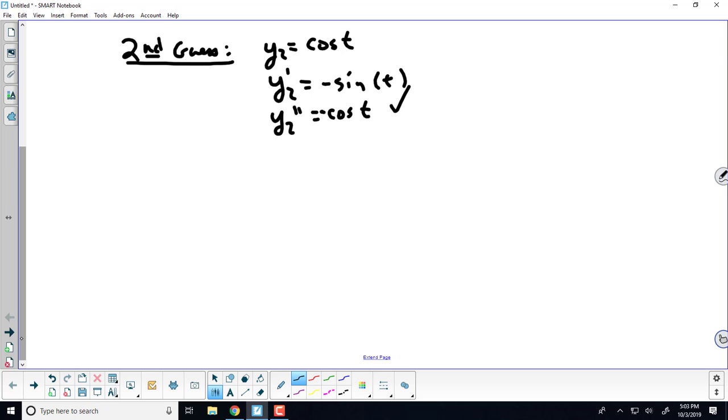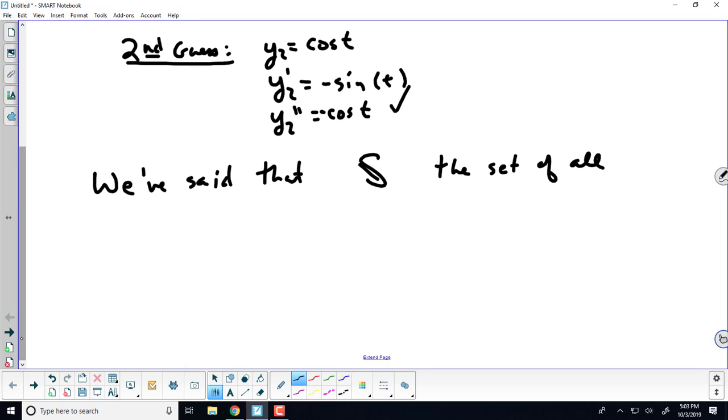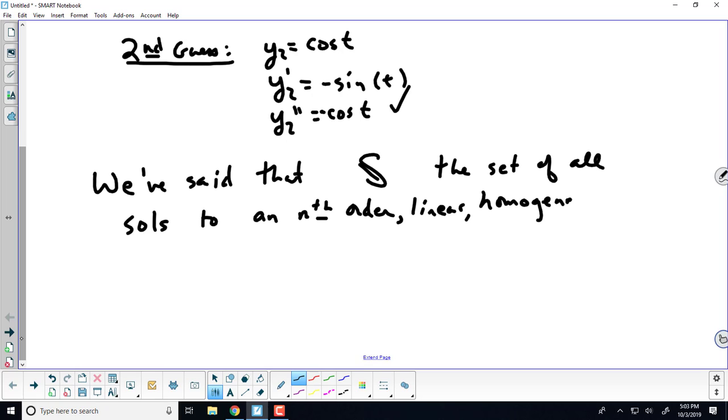So we've said that S, and I'm going to put a little bar there, I'm not very good at drawing that yet, put an S with a slash down the side, the set of all solutions to an nth order linear homogeneous ODE is a what?